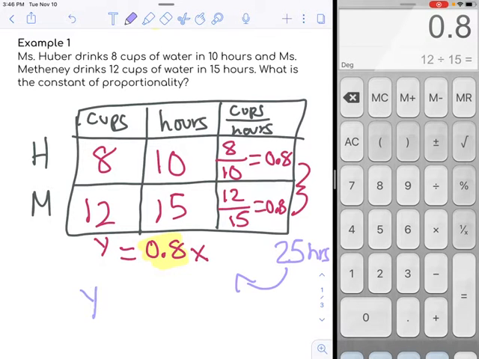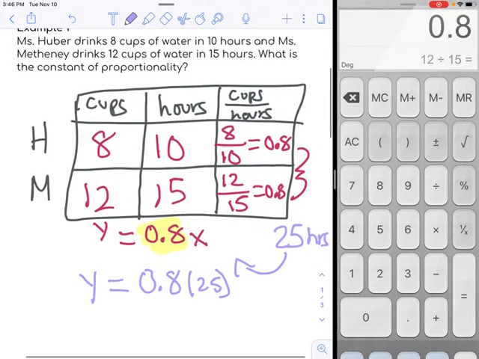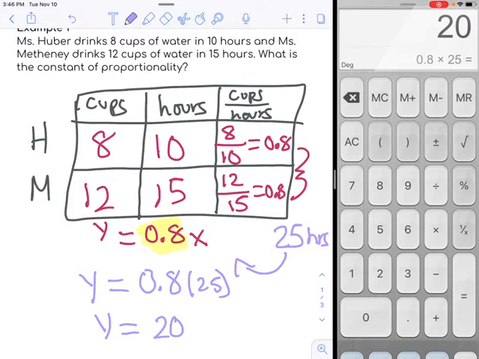I don't know what my y is, I don't know how many cups he's drinking, but I know my constant of proportionality is 0.8. And I know that he is drinking for 25 hours. So I would just multiply those together, 0.8 times 25, and I could see that he drinks 20 cups of water.